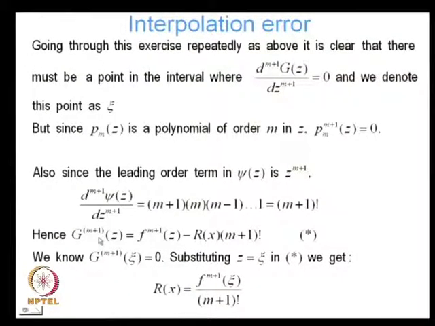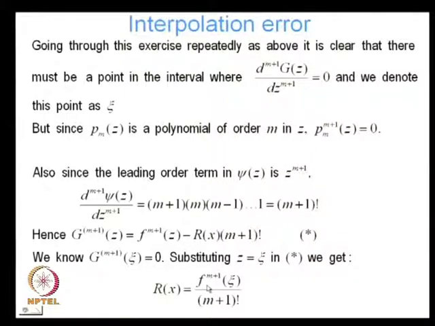So g^(m+1)(z) is equal to f^(m+1)(z) minus R(x) times (m plus 1) factorial, and we know that g^(m+1)(xi) at some point xi is equal to 0. So substituting z equal to xi, we get R(x) must be of that form.